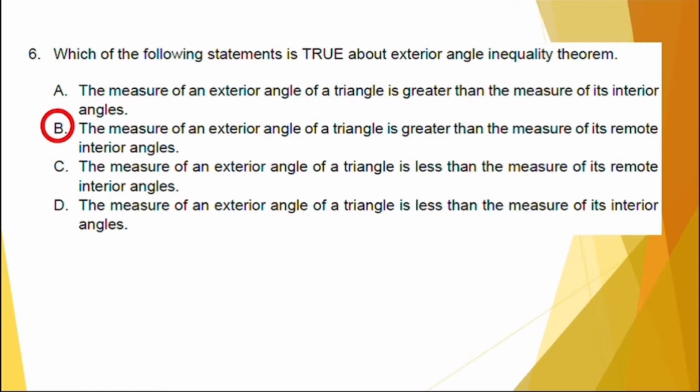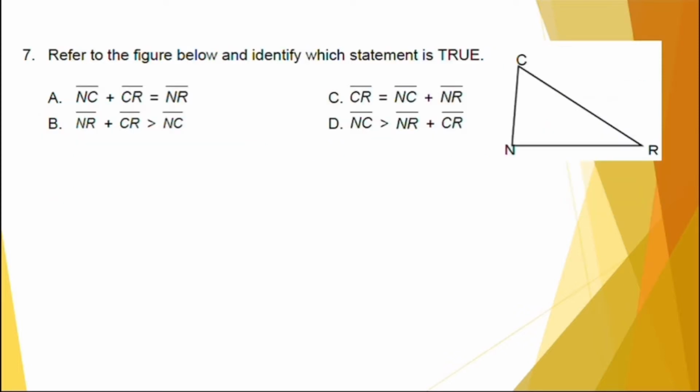Next, let's proceed for number 7. Refer to the figure below or on the slide and identify which statement is true. A. Line segment NC plus line segment CR is equal to line segment NR. B. Line segment NR plus line segment CR is greater than line segment NC.